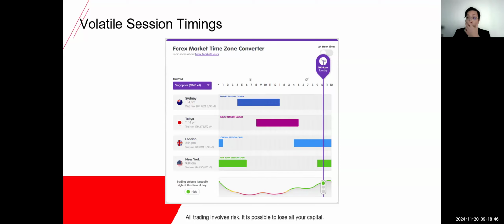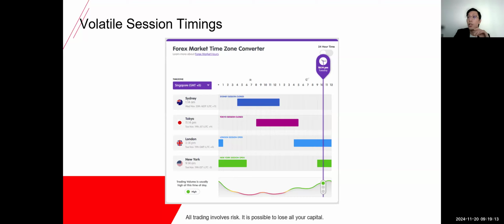You might want to note this down because I think Zoom cannot copy and paste. The session timings, which is the one I showed on the slide, shows you the volatile session timings, so it's extremely useful. Then ORB and ICT silver bullet are the very specific ones.